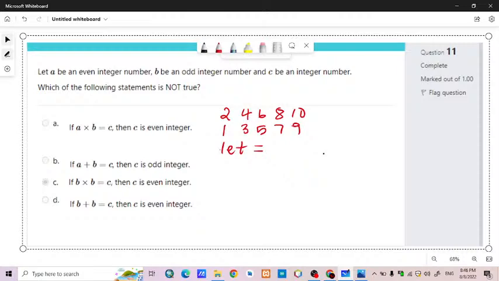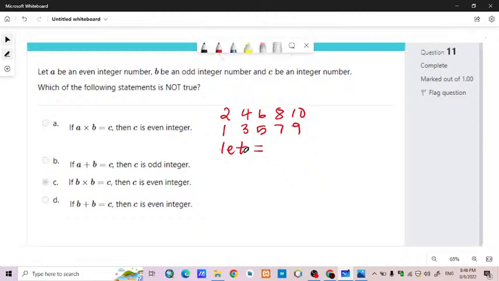Let's let A equal 2, and let B equal 3. Let's evaluate these statements. The first says if A times B equals C, then C is an even integer.